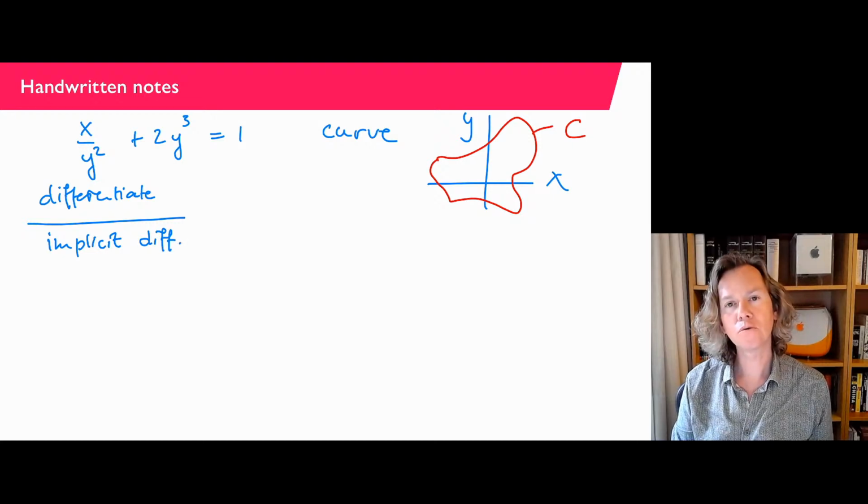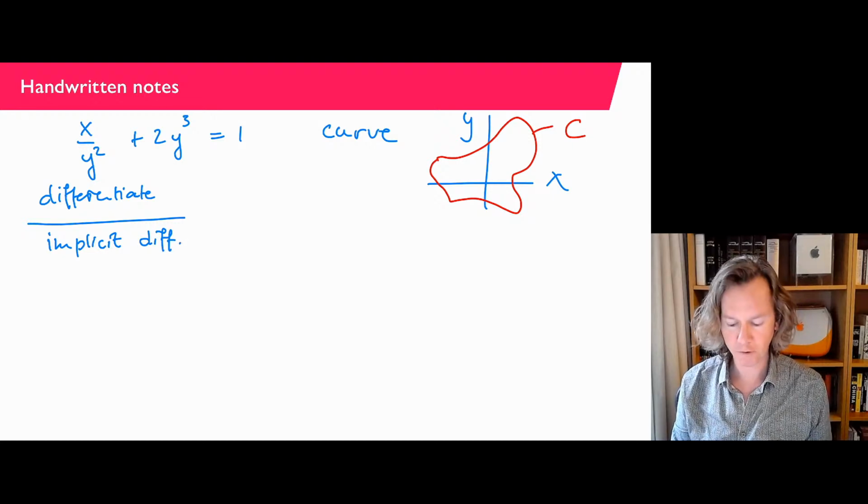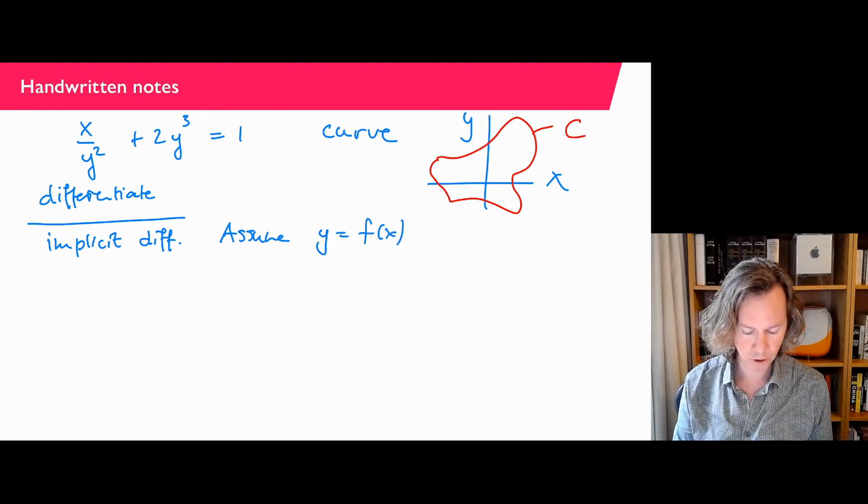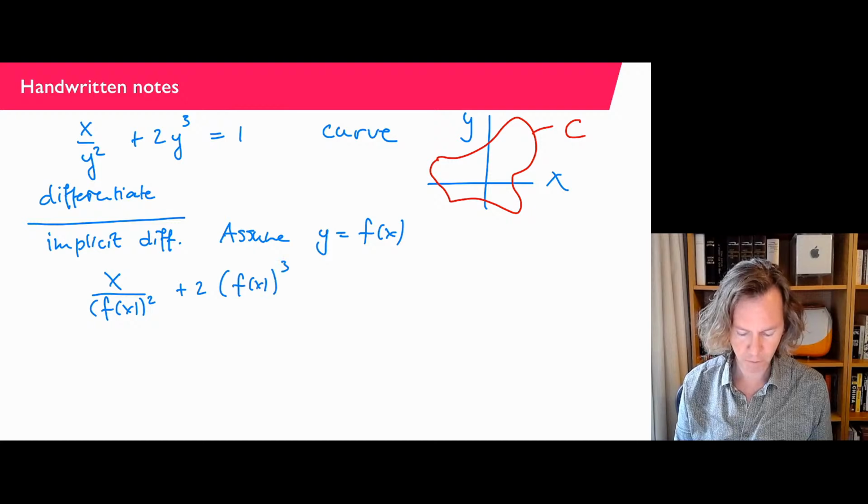So what I'm going to do is I'm going to assume that y is a function of x. Assume y equals f(x). And I'm going to substitute that into the equation. So then we have x over f(x) squared plus 2 f(x) to the power 3 equals 1.